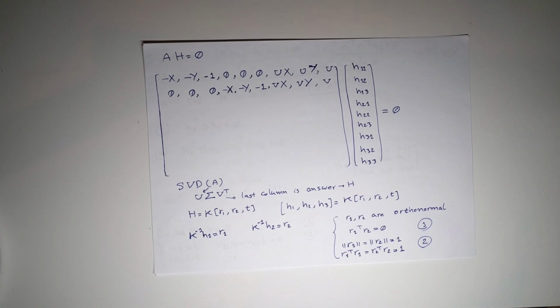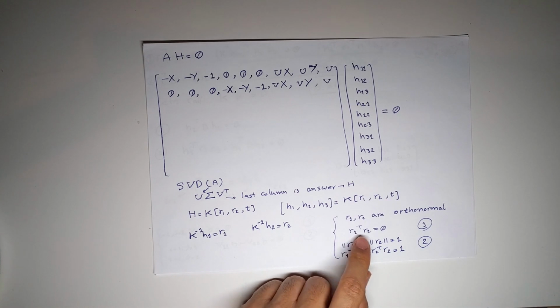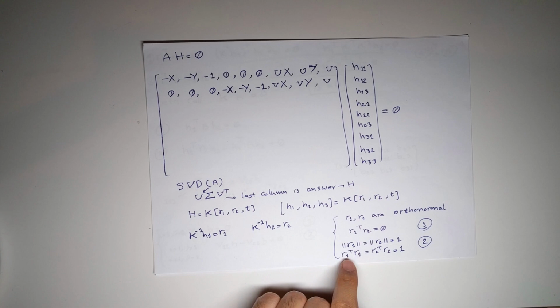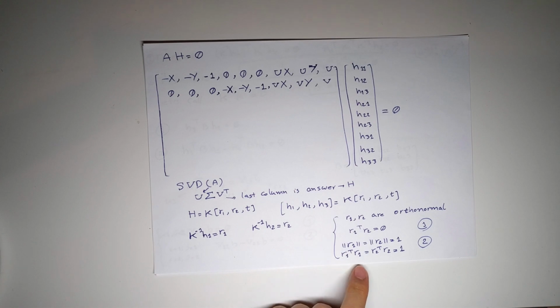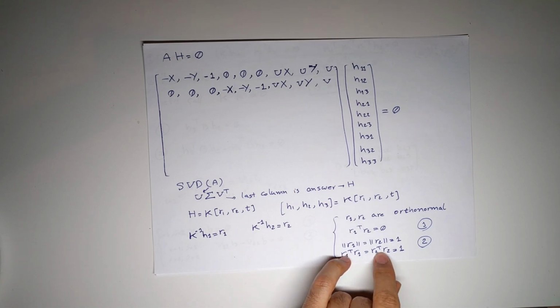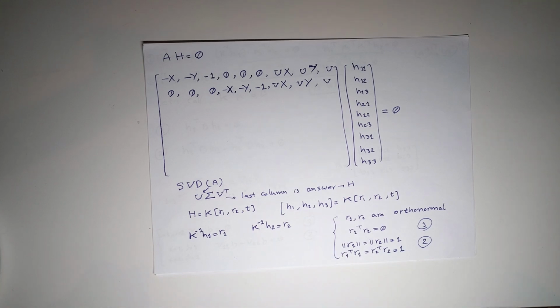So if I multiply them by each other, if I take their dot product, I will get 0, and the size of them is 1. The size comes from the vector itself multiplied by its transpose. So r1 transpose r1 is 1, r2 transpose r2 is 1, and if I subtract these two, 1 minus 1 should be 0. So this is constraint 1 and 2.